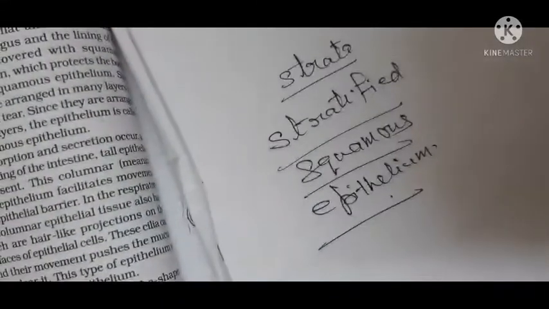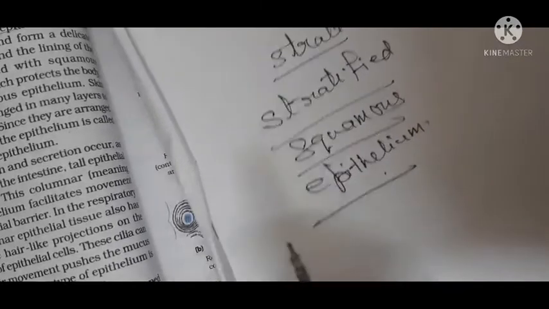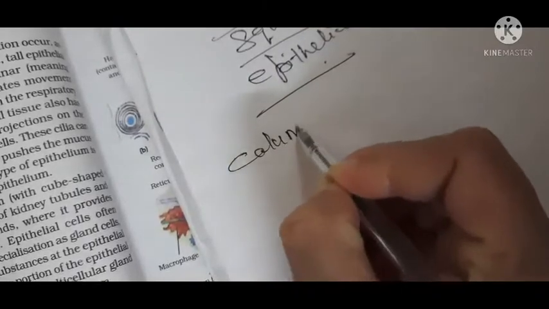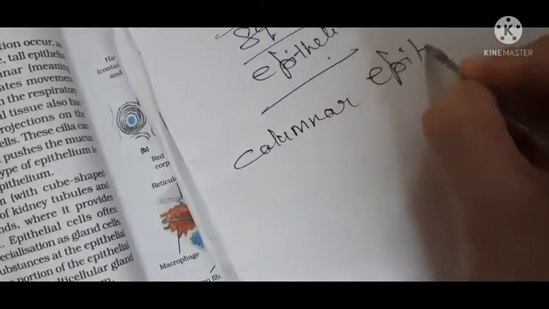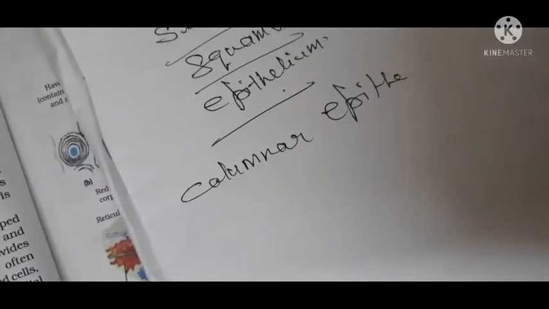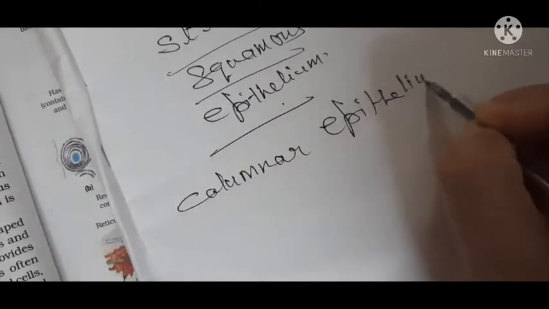Now we come to another type of epithelial tissue, that is columnar epithelium. You can see here columnar epithelium.